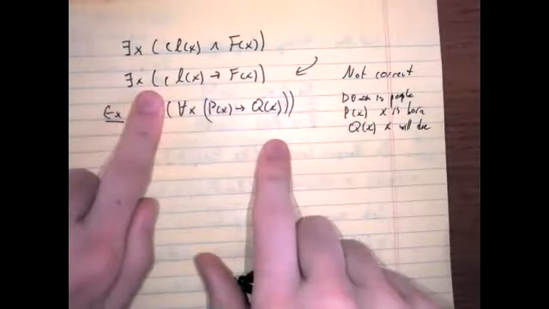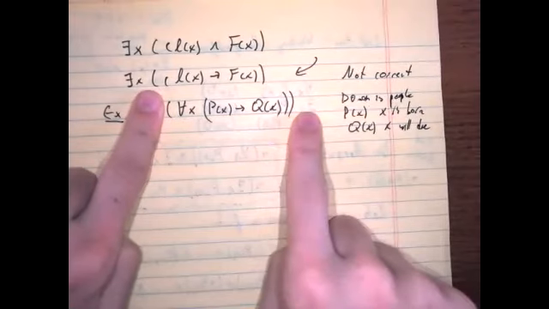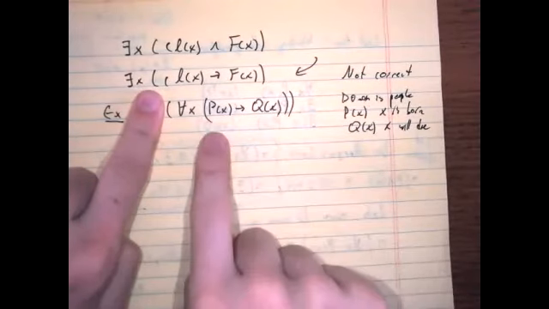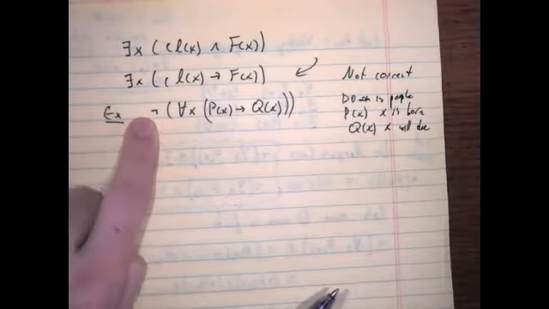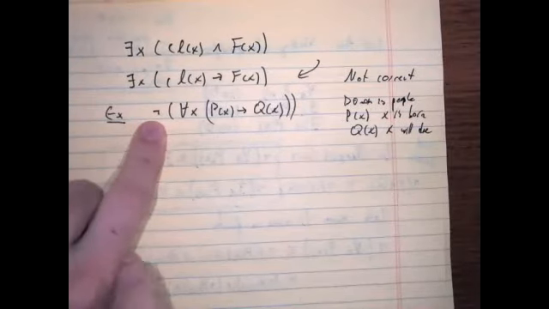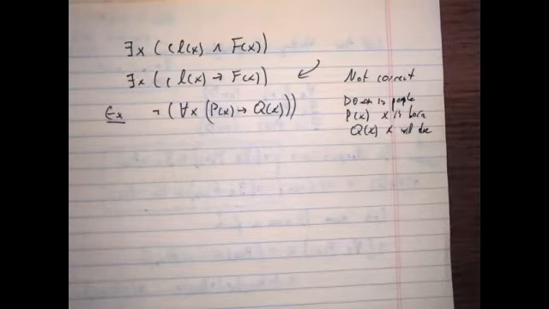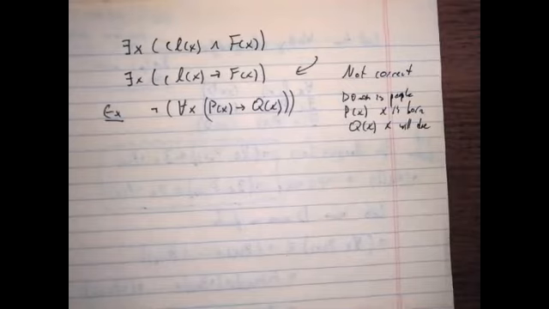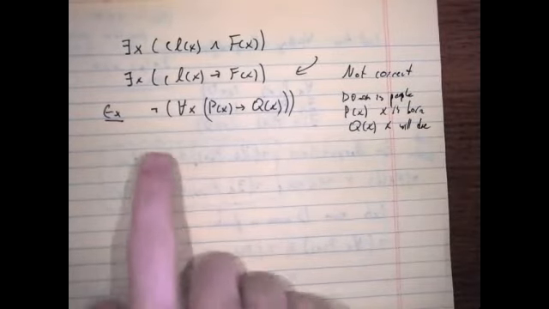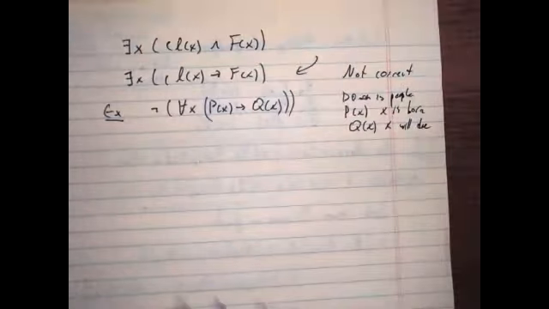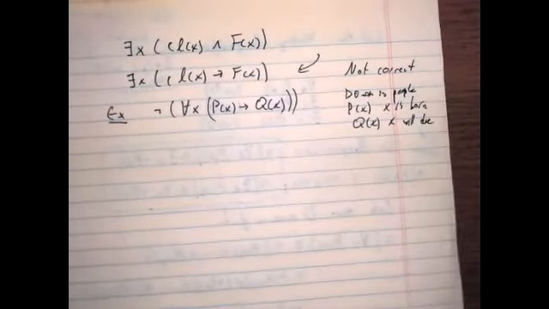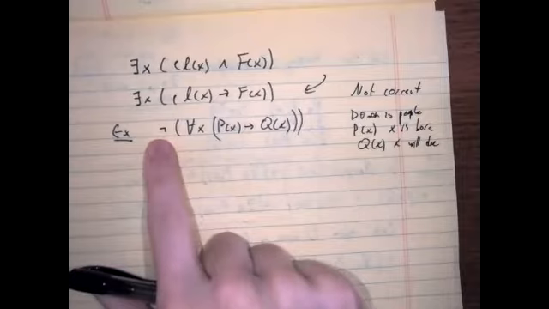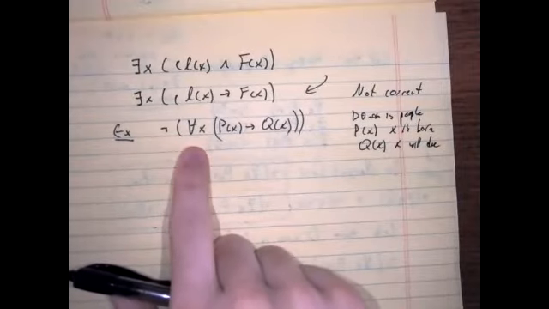Right. If I leave out the negation, then this proposition is, for all people, if the person is born, then they will die. And the negation is, it is not the case that for all people, if they are born, then they will die. Exactly. So let's use De Morgan's to find an equivalent proposition. What does De Morgan's tell me that I can do if I have a negation in front of a for all symbol?